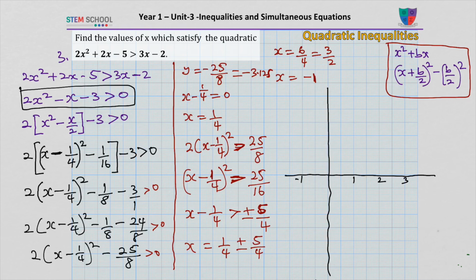So if I have minus 1 here, minus 2, and minus 3, we now have the intercept on the y-axis at minus 3. Because a is positive, it is going to be a u shape, and the roots are going to be minus 1 and 1.5. That's 3 over 2, which is 1.5.